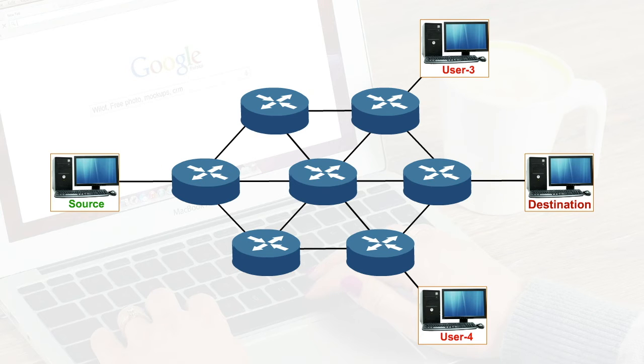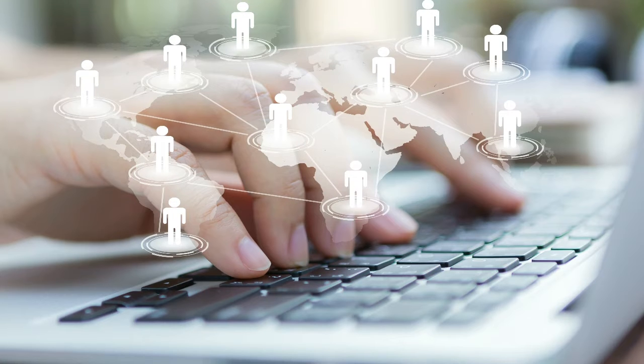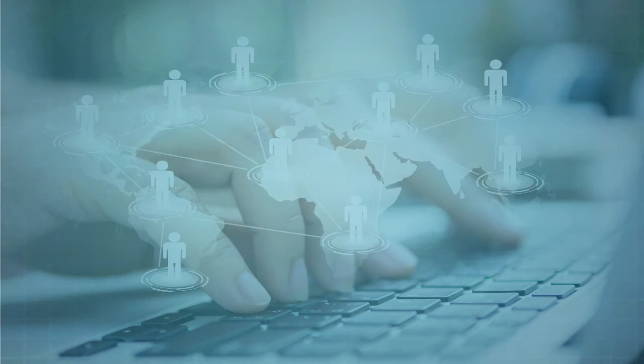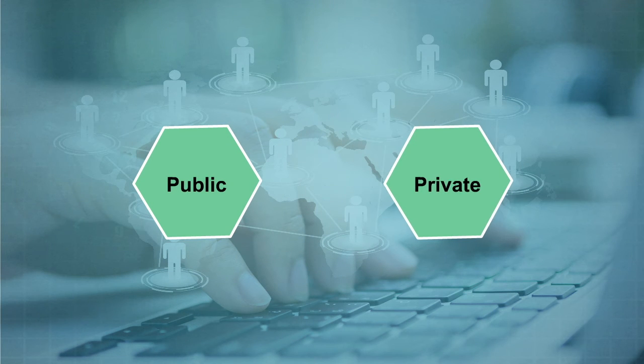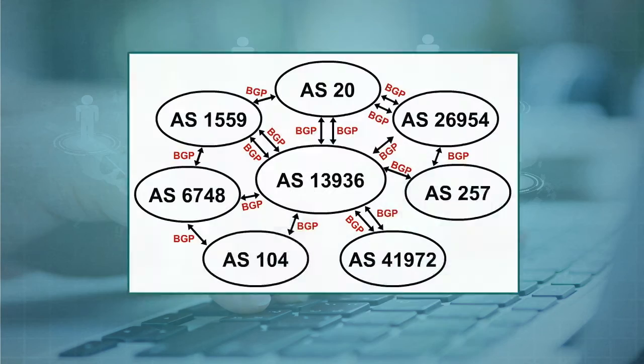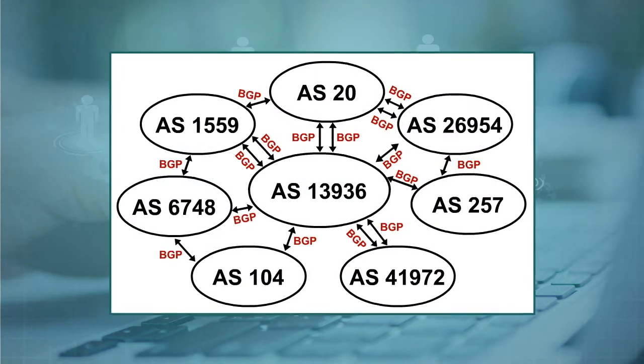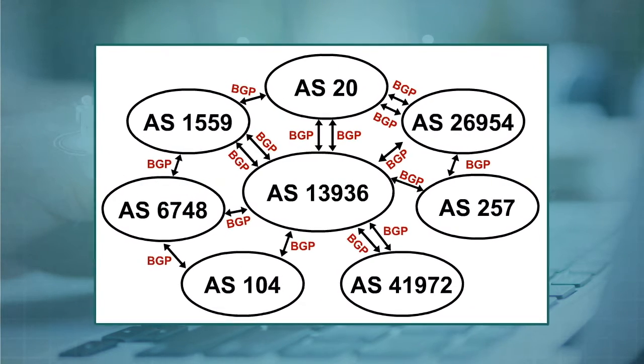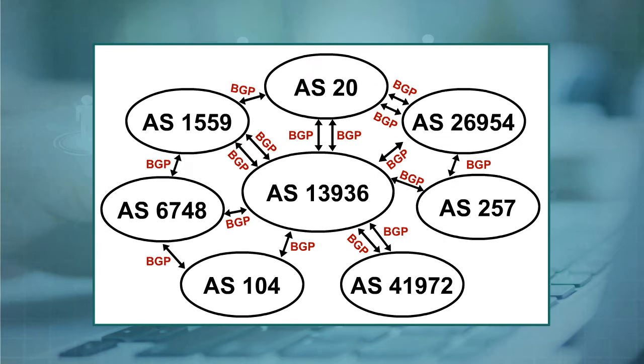The internet globally has a huge number of public or private organizations who have formed nodes called autonomous systems, AS. These nodes identify each of these traveling data packets and direct them within their network if the destination falls within.